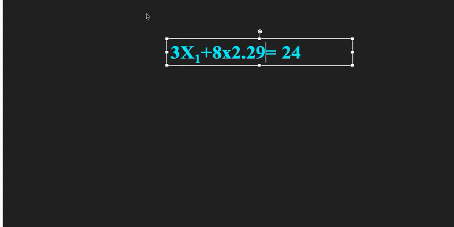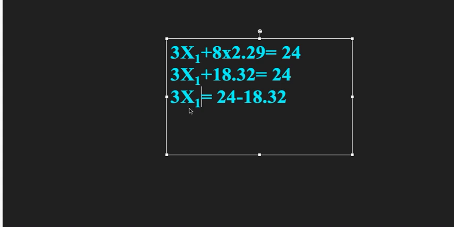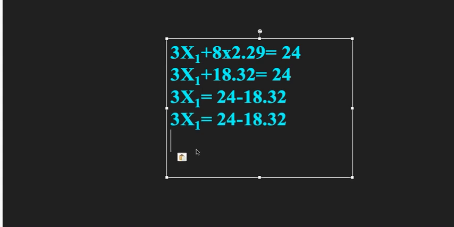So 3x1 plus 8 into 2.29, when we multiply this, it is 18.32. Now 3x1 is equal to 24 minus 18.32, because this is positive on the left hand side, and when it goes to the right it will become negative. So we are going to get 3x1 is equal to 24 minus 18.32.